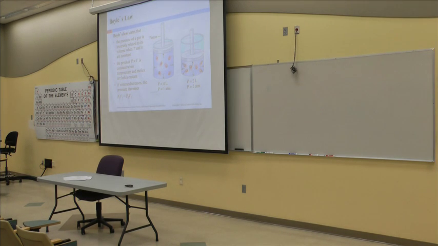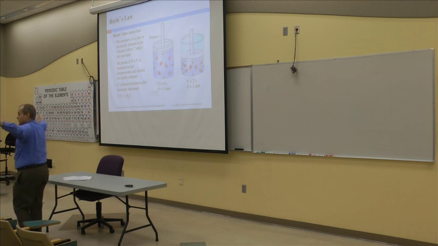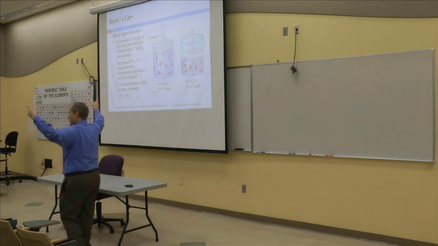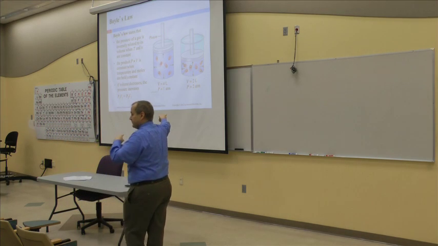The volume went down, so the pressure went way up, right? If you took that same volume and blew it back up to 3 gallons, the pressure has to go down because the volume increased. Make sense?